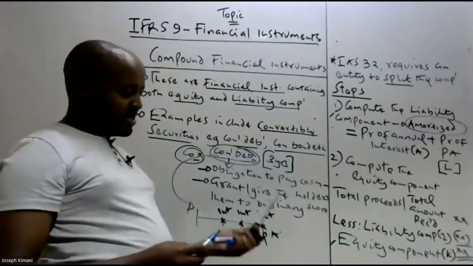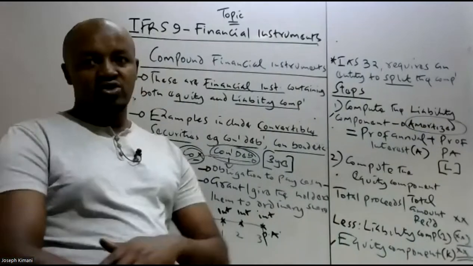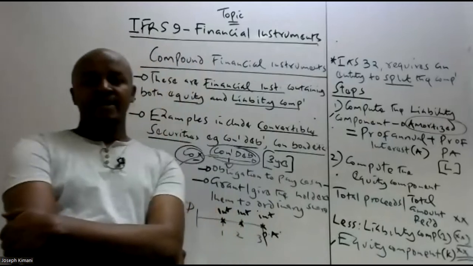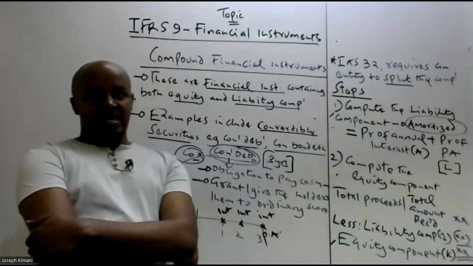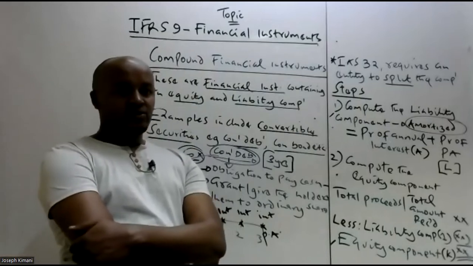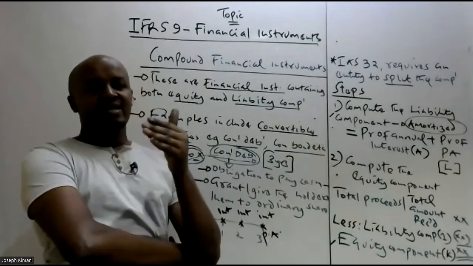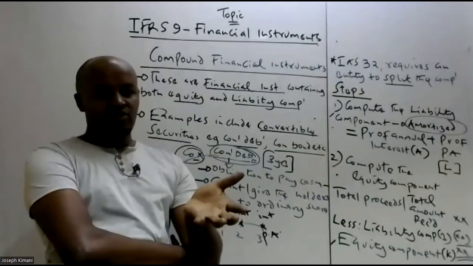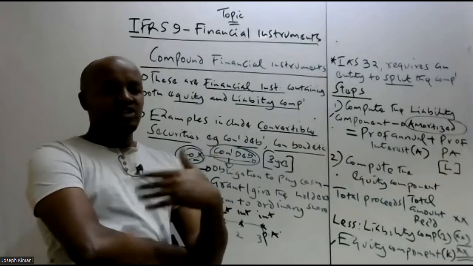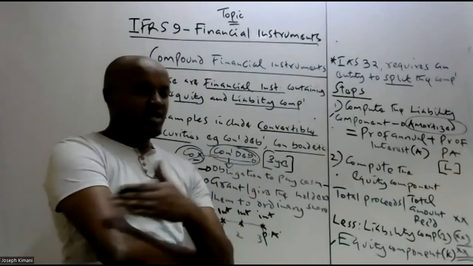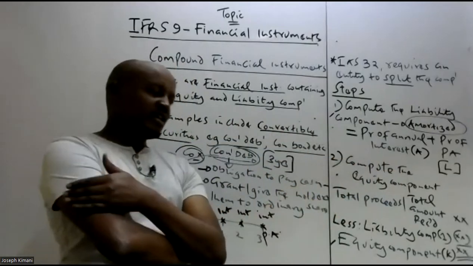I hope maybe equally in FM, you have done something to do with loan amortization schedule. If you acquire a loan today and you agree with the bank that you're going to repay that loan in the next 3 years, in the next 5 years, so in your books of account, you have to amortize that loan. To amortize a loan, first of all, we know a loan is a liability. To amortize a loan is to write off that liability because by the end of the 3rd year, by the end of the 5th year, you have cleared the entire loan.